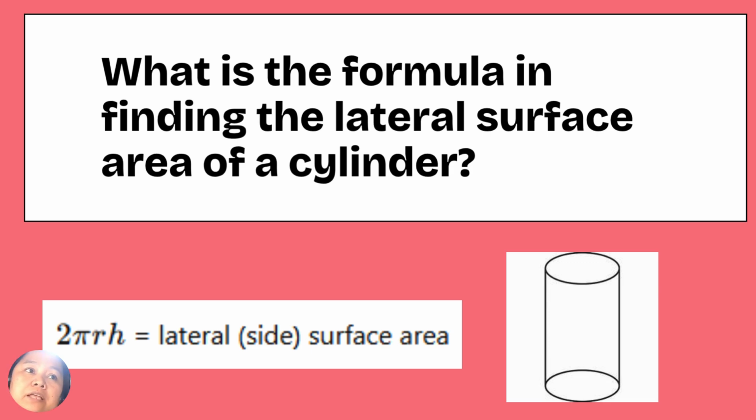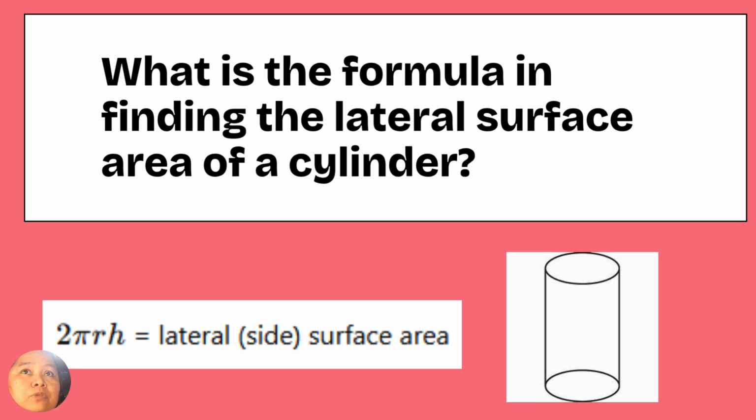So when we say lateral surface area, it is only the side of the cylinder, hindi kasama yung dalawang base, because the formula for solving the surface area of a cylinder is 2 pi rh plus 2 times the area of our circle, which is 2 pi r squared.